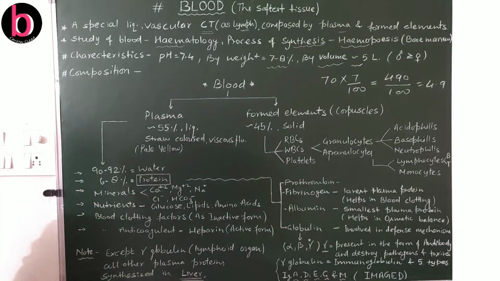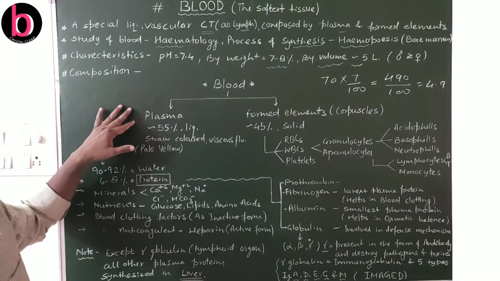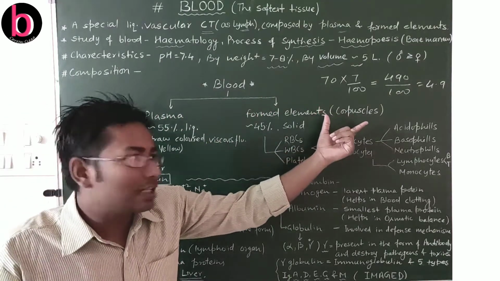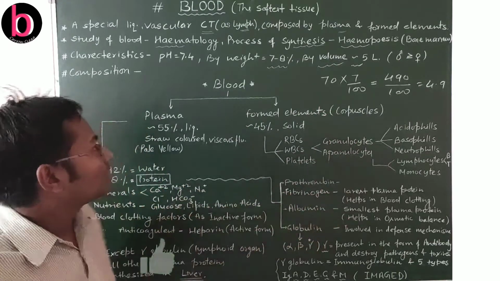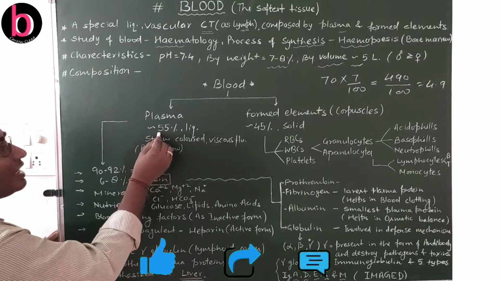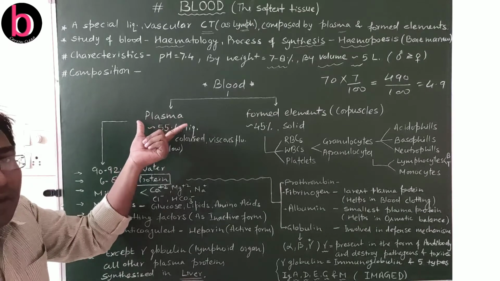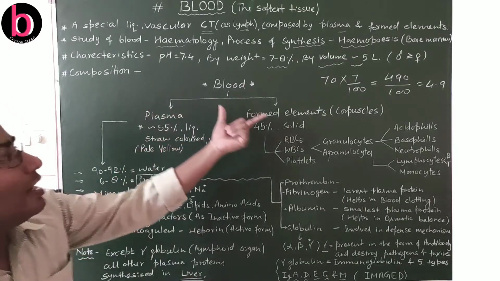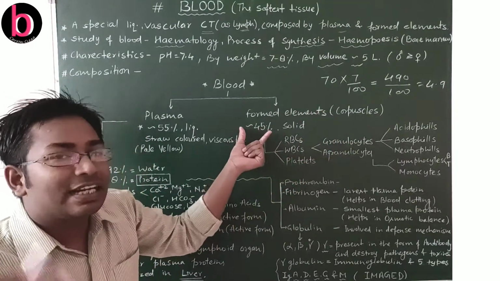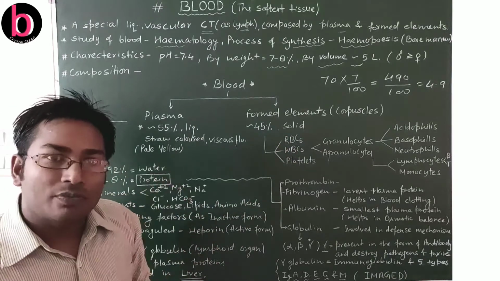Now, if we discuss composition, blood is mainly composed of two things: plasma, the liquid component, and formed elements, which are the cells or blood corpuscles. Plasma is nearly 55% and is the liquid part of blood, while formed elements, blood corpuscles or blood cells, are nearly 45% and are the solid components of blood.